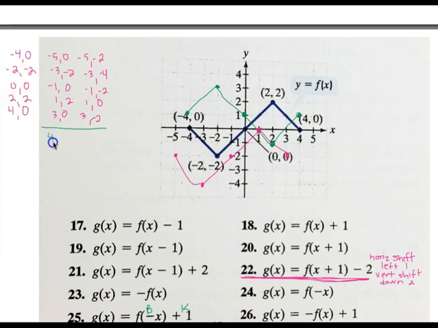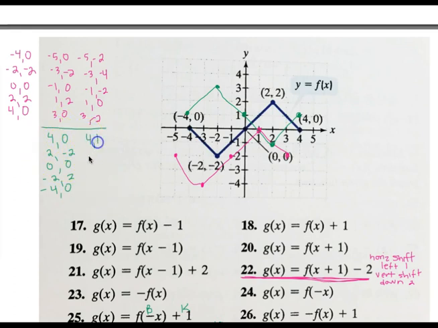So that'd give me 4, 0, 2, -2, 0, 0, -2, 2, and -4, 0. And then, because I have a k value, I add k to the y coordinates from here.